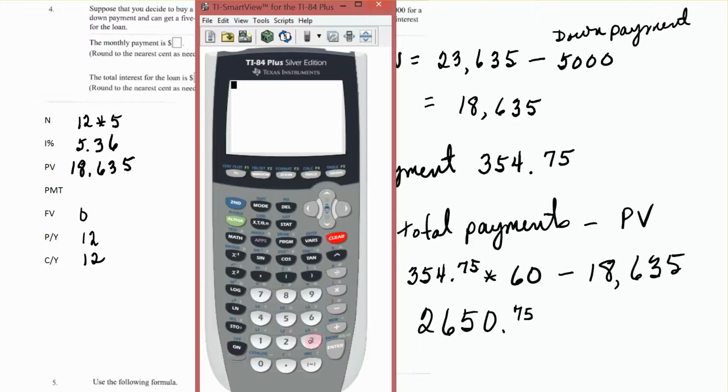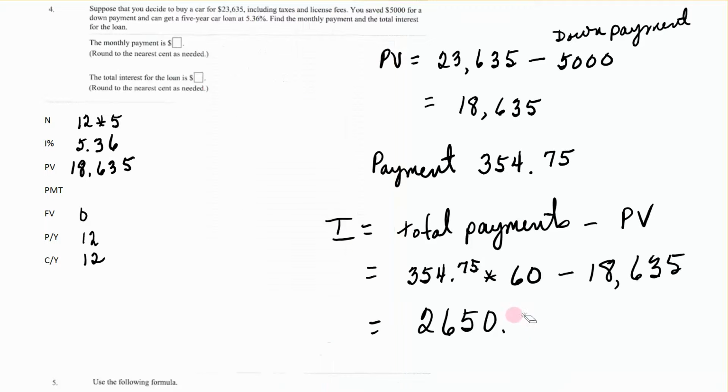All right. 354.75 times 60 minus 18635. Oh, I was right the first time. It is $2,650. That is what you're paying in interest. Okay, so monthly payment, total interest.